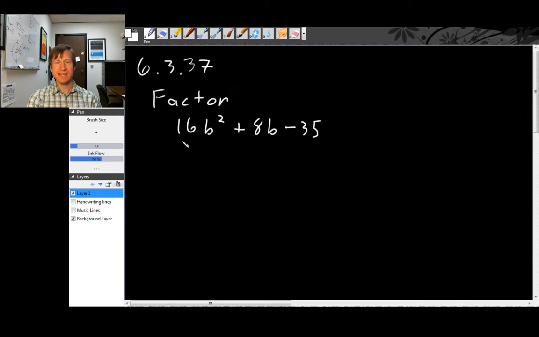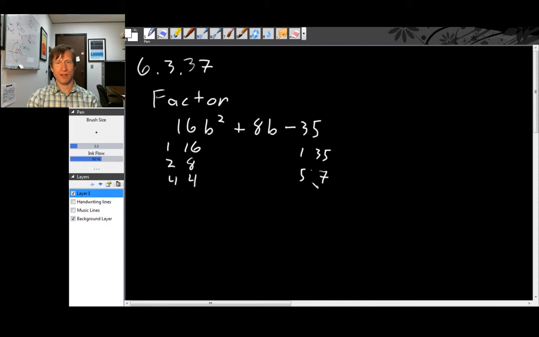Looking at 16, the ways that 16 factors are 1 and 16, 2 and 8, or 4 and 4. And then looking at 35, it's 1 and 35, or 5 and 7.